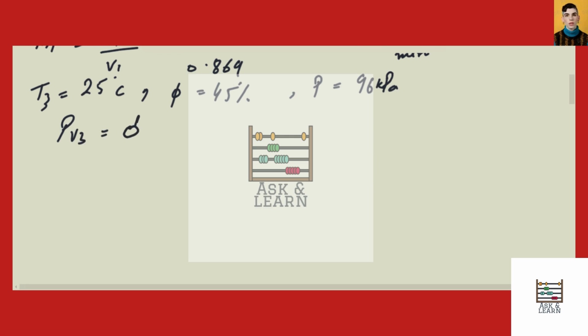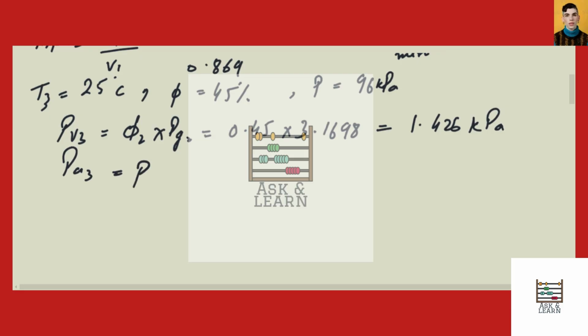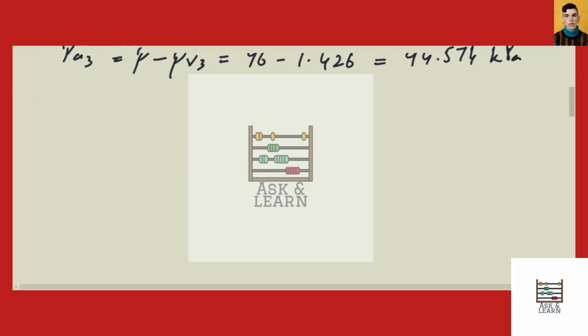PV3 is calculated as phi 3 multiplied by Pg3, is equal to 0.45 multiplied by 3.1698, and that is equal to 1.426 kilopascal. Then we have PA3 is equal to P minus PV3, that is 96 minus 1.426, is equal to 94.574 kilopascal.